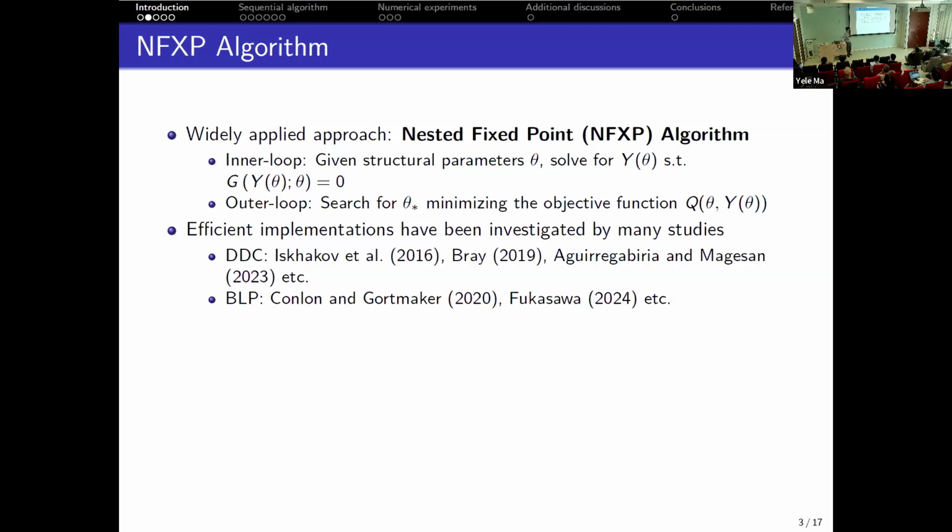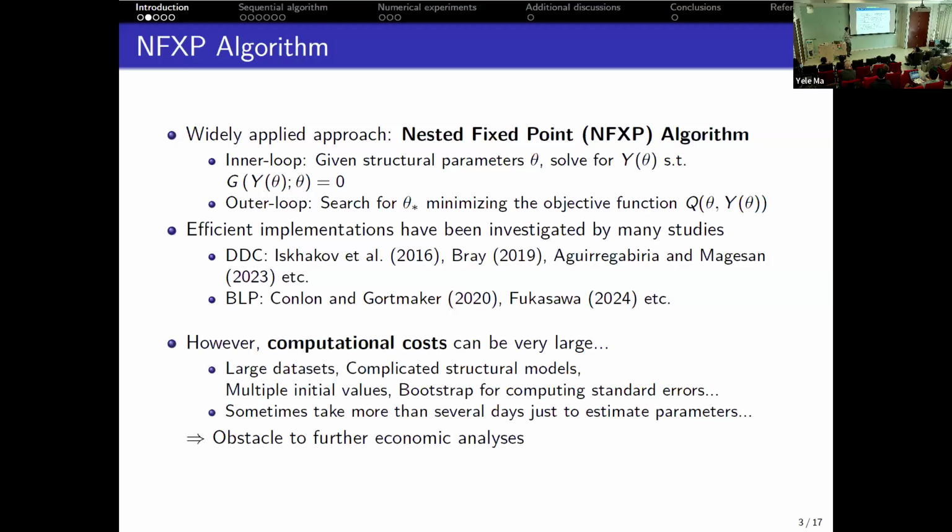And in the outer loop, we search for theta star, minimizing the objective function Q(theta, y(theta)). Efficient implementations of the NFXP algorithm have been investigated by many studies, like these papers. Sometimes they work very well. But in other cases, the NFXP algorithm is not very fast.